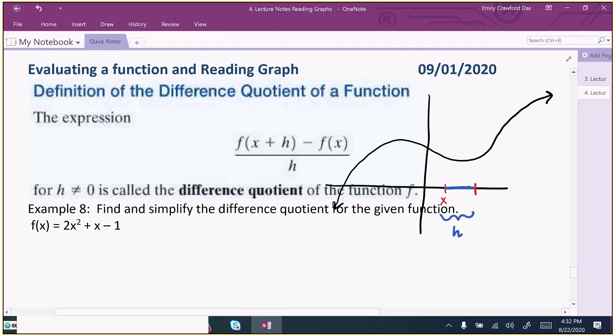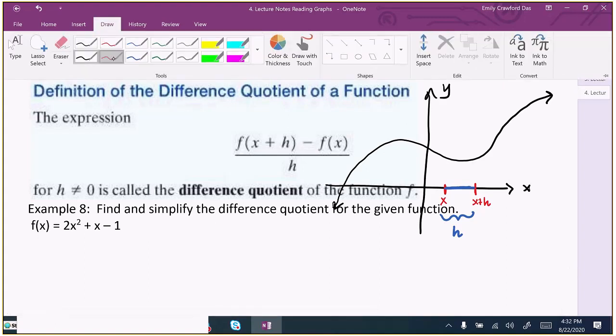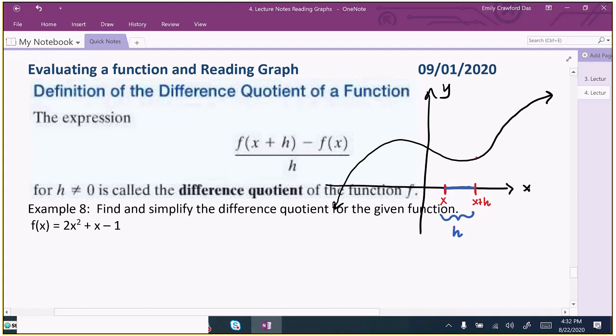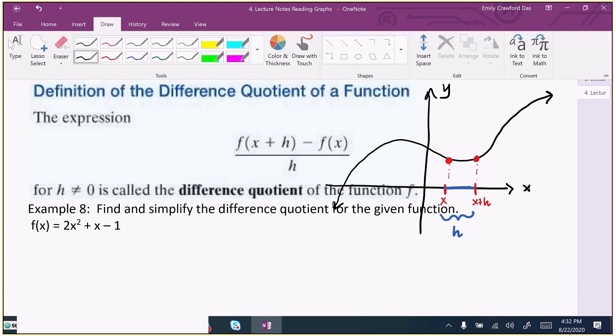Then this x value is going to be x plus h. So what do we mean when we say f of x plus h minus f of x all over h? Well, let's think about it here. F of x plus h is this point, and f of x is this point. So probably I should draw my function just a little bit differently here.